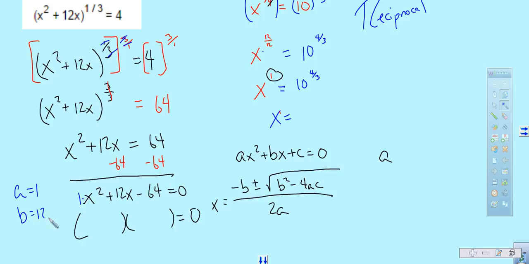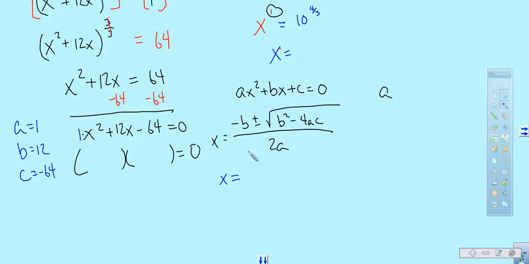B is equal to 12, and C is equal to negative 64. So we use those terms, we plug them into our quadratic formula. The formula says negative b plus or minus the square root of 12 squared minus 4 times a times c, all over 2 times a.